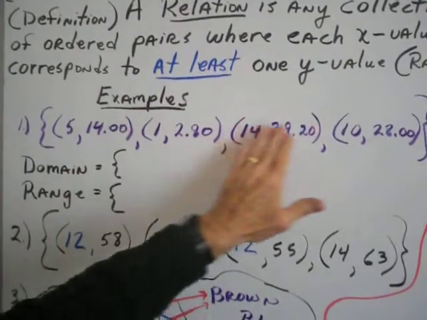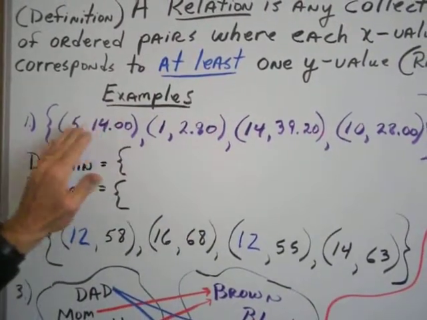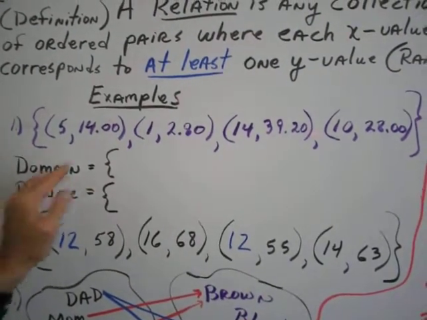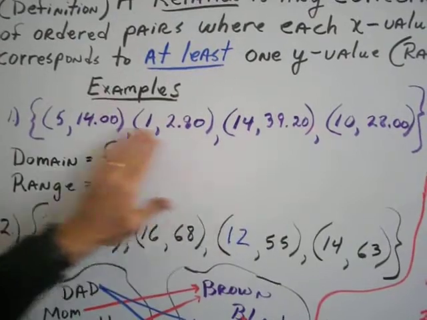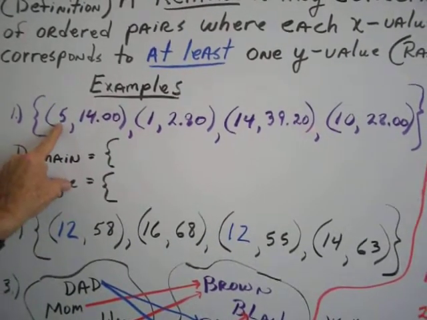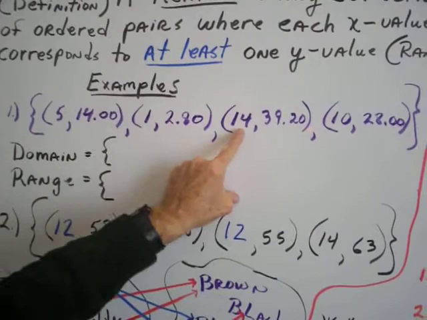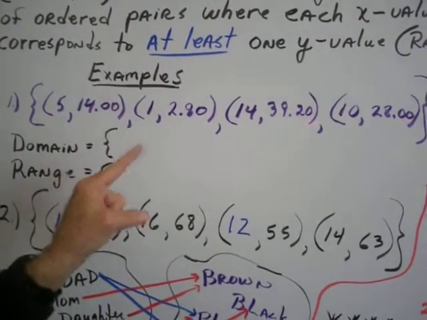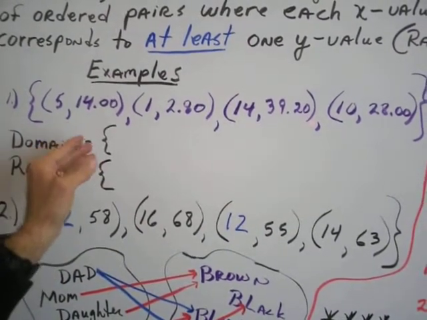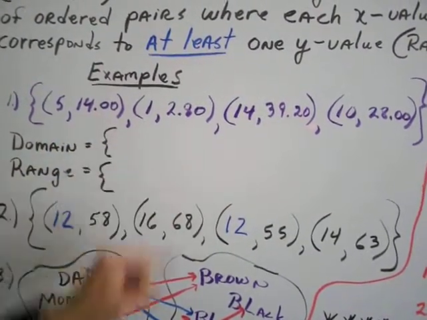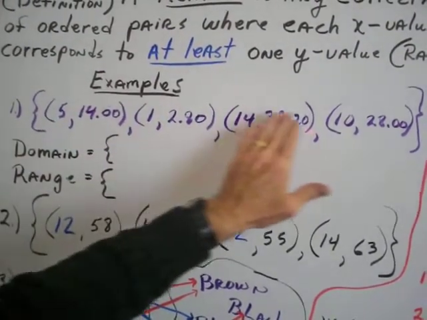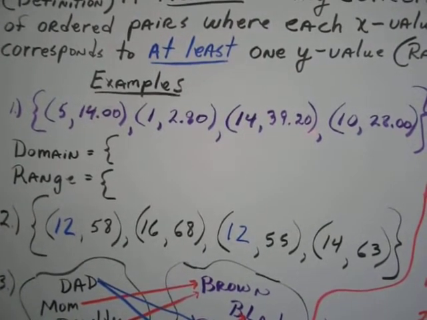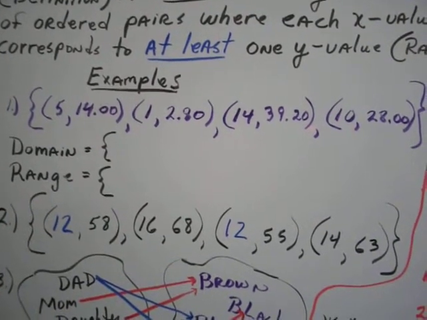And this collection of ordered pairs is an example of a relation because, once again, the definition says it is a collection of ordered pairs where each value of the domain corresponds to at least one value of y, which is called the range. Now, this example that I'm showing you up here has to deal with purchasing gasoline at a gasoline station.